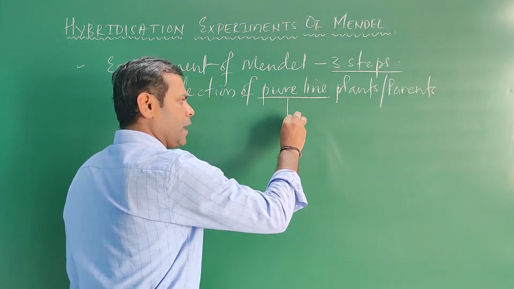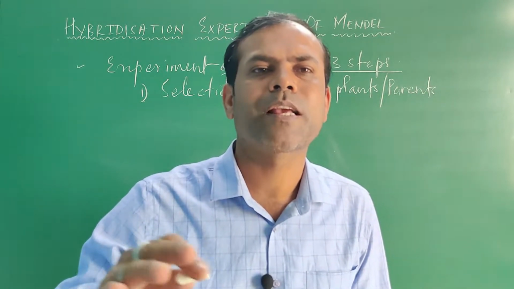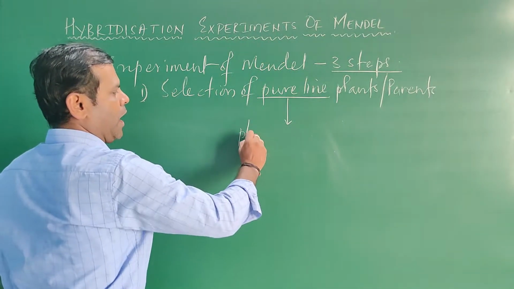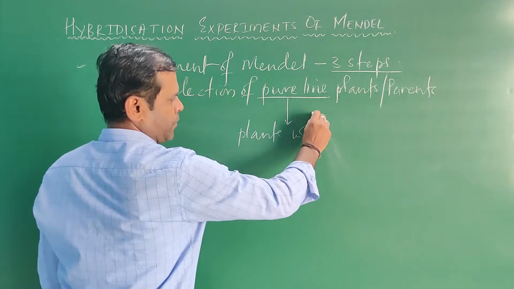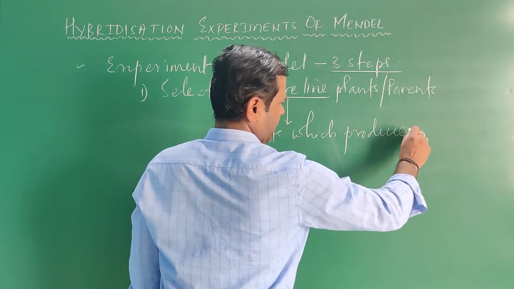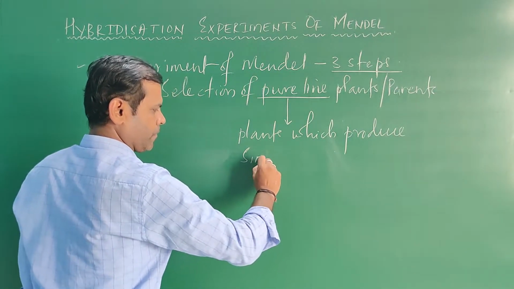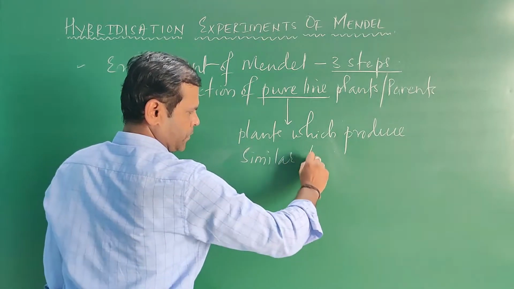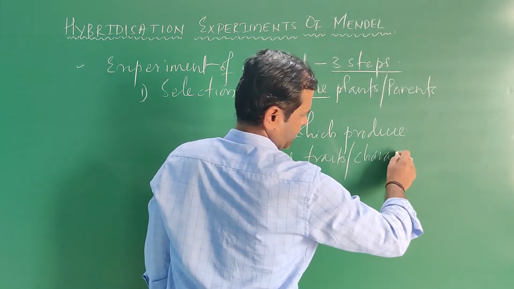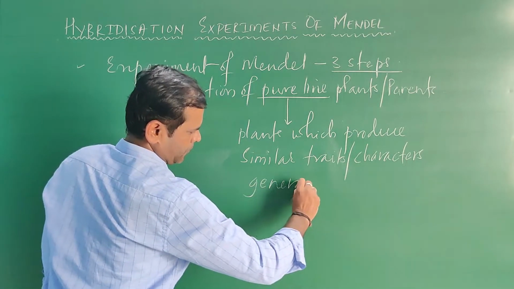Now pure lines are the plants which produce similar traits or characters generation after generation.